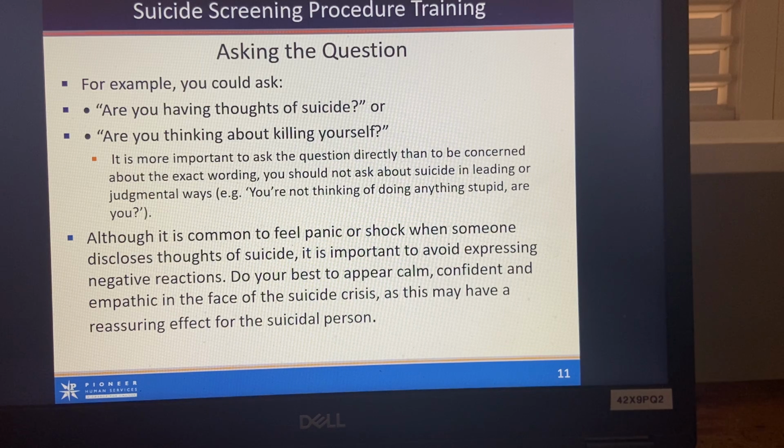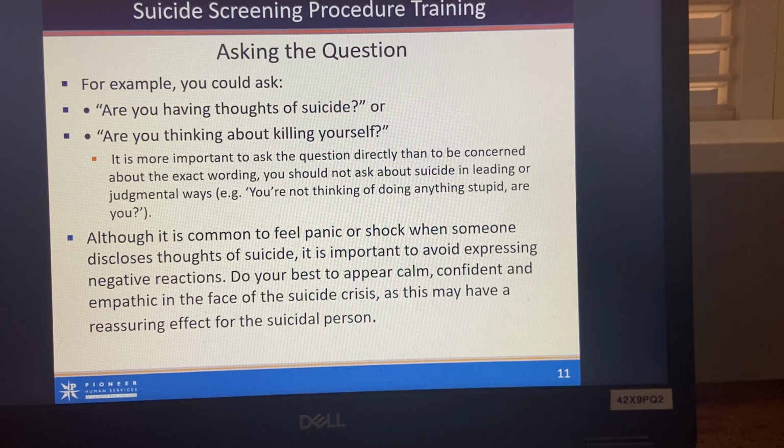How am I going to prevent this individual from taking their life? How am I going to prevent suicide? So it's okay to feel that anxiety and shock, but it's best to show in your face a calm, confident, empathetic face.